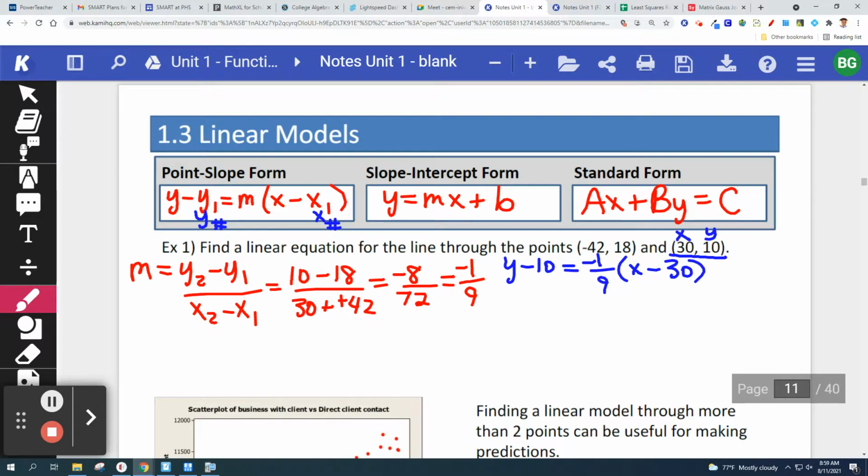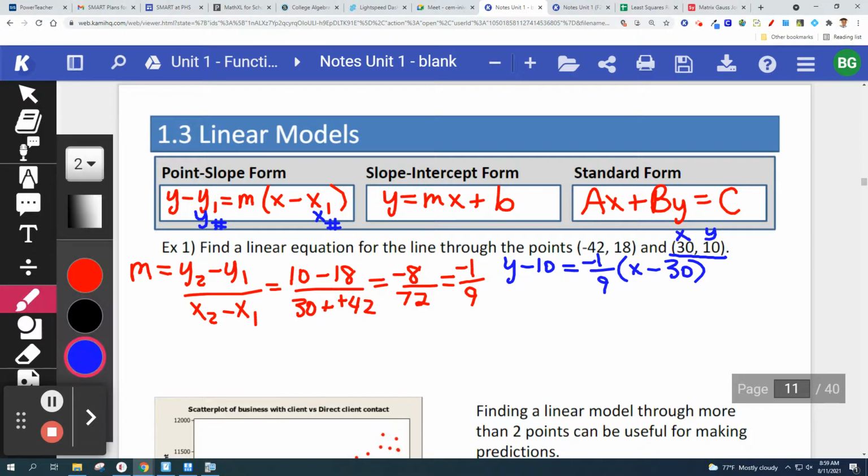So that's a linear equation. Technically, we're finished, I suppose. Find a linear equation. We've got one. But usually, you're going to want it in slope-intercept form. So that's usually what you'll do. You've got a couple of options here. Multiplying by 9 is nice because it gets rid of your fraction for a while. But we don't necessarily need to do that if we can handle the fractions.